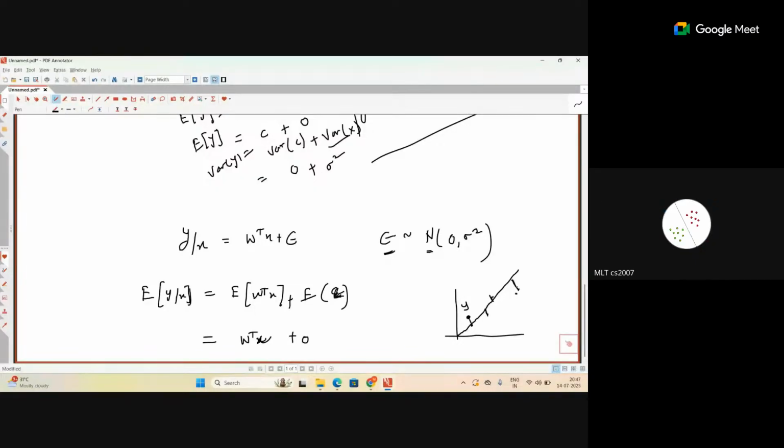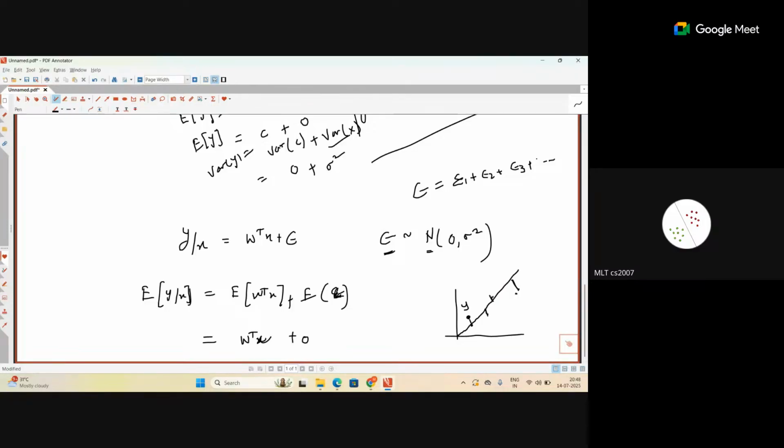This noise is the sum of all, like epsilon 1 plus epsilon 2 plus epsilon 3, like that. It is the total noise.